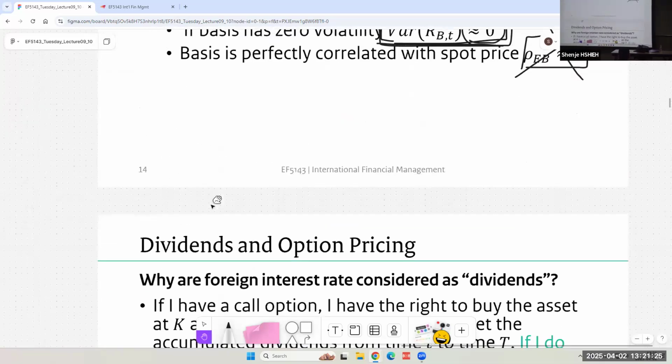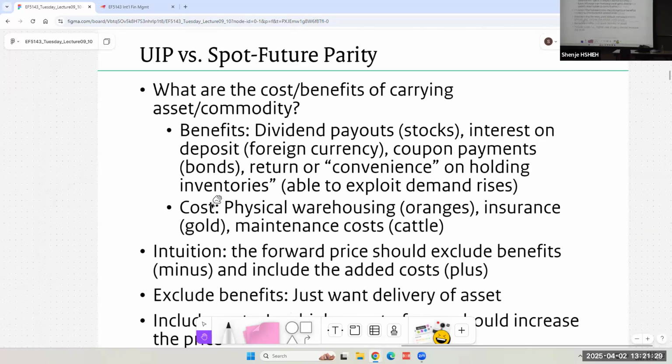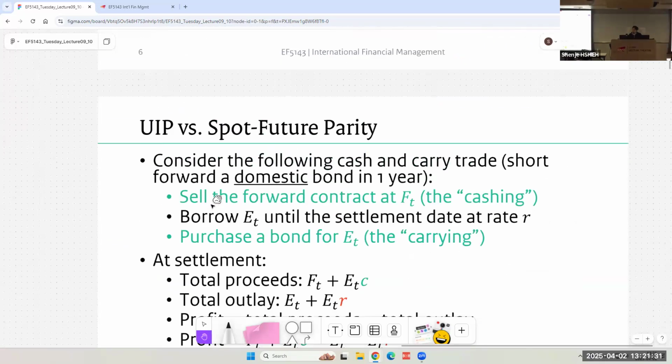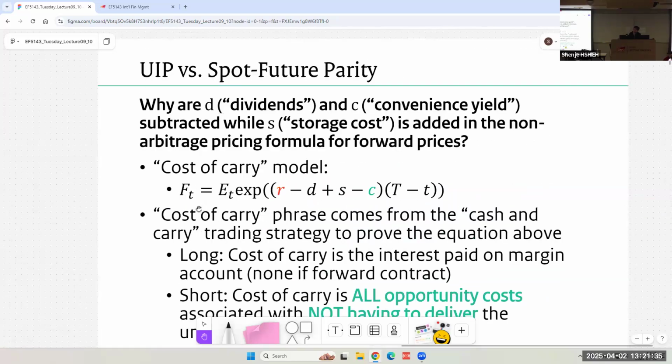So this is the so-called cost of carry model, or the futures spot parity, that you see in your textbooks or your other financial derivatives class.